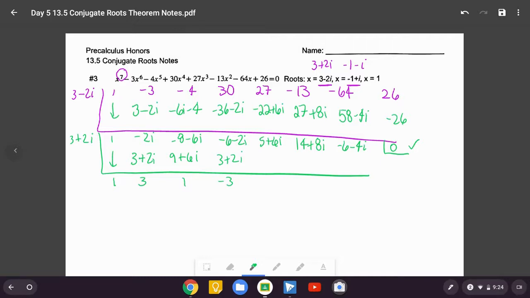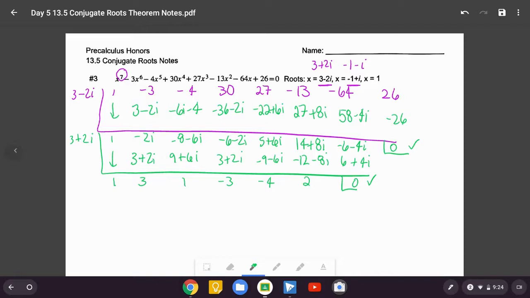Then I get negative 9 minus 6i. And then I add, and I get negative 4. Now I multiply, and I get negative 12 minus 8i. If I add, I get 2. Multiply, I get 6 plus 4i. So again, this is a good sign because I get a remainder of 0.